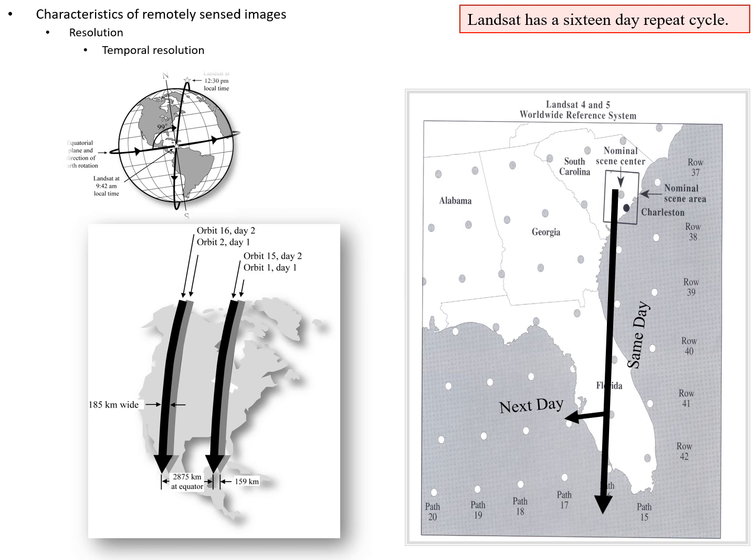Orbit 15 occurs on day 2 and is immediately next to orbit 1 for day 1. Then orbit 16 on day 2 is immediately west of that first orbit that came down through Colorado or Utah. So it has a 16-day repeat cycle because it's going to be 16 days before orbit 1, day 1, is recaptured.